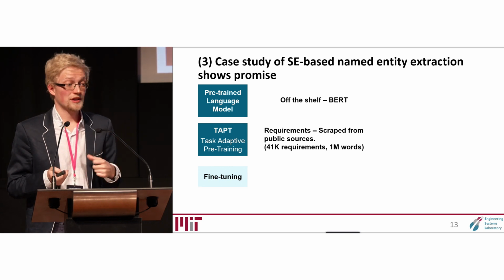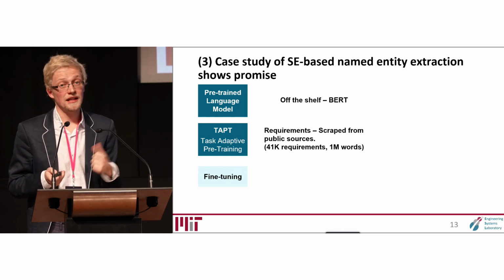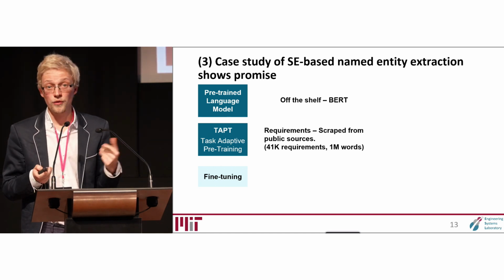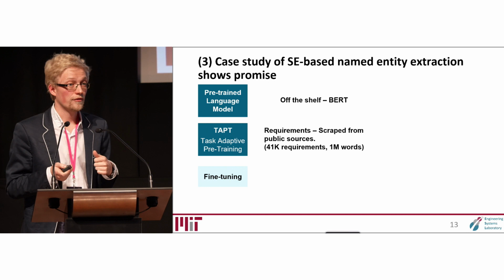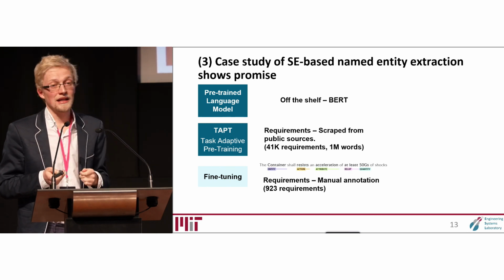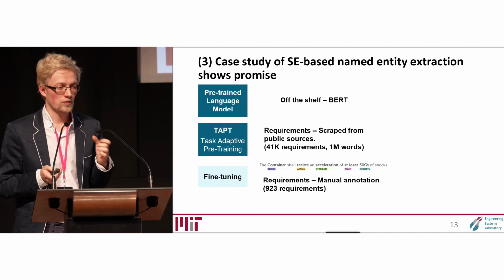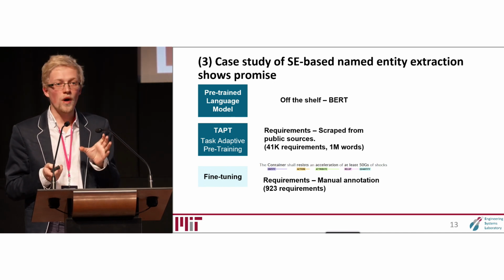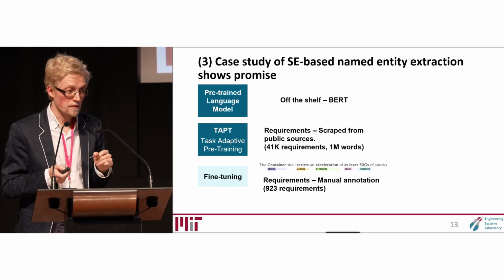Then we sourced and scraped a large data set of requirements publicly available, around 41,000 requirements from public data sources. And then we did a set of annotations on about 900 requirements that we took from this corpus that were specific to one data model that we worked with.